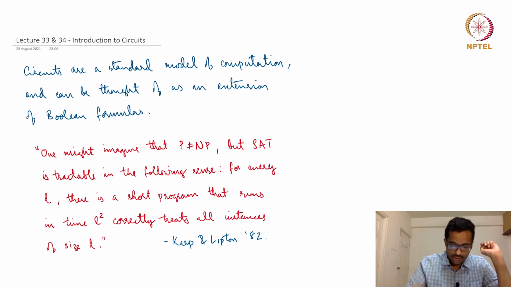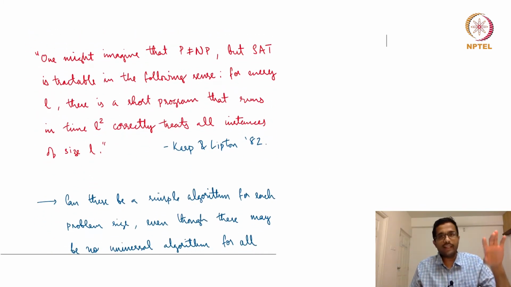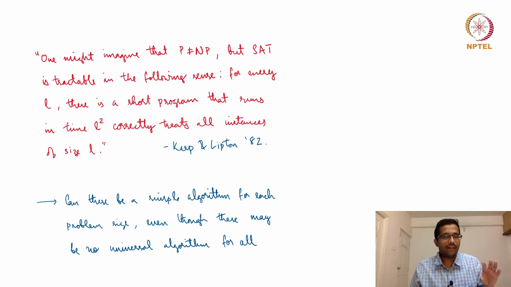I'll first quickly explain, very briefly, the motivation for the circuit complexity model, why people began to study it, before explaining the model itself with a few examples. We will not formally define the model in this lecture, but we will see a lot of examples.